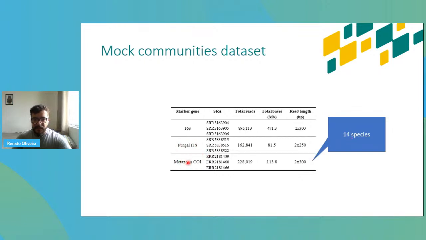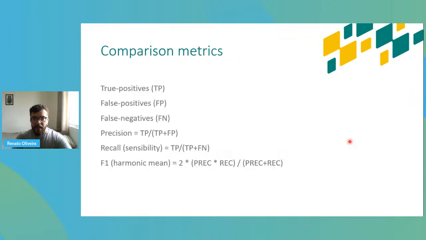And the last dataset was for metazoan cytochrome oxidase, comprising 14 species. The comparison metrics we used were true positives, false positives, and false negatives. With these values, we could calculate the precision and the recall, and with these two values, we calculated the harmonic mean using this formula.